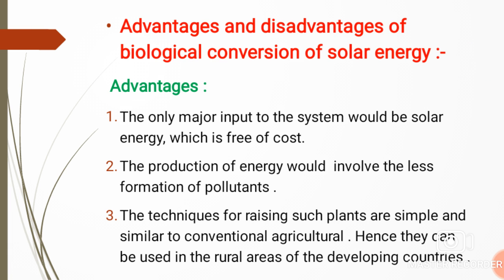So with the help of solar energy we are able to generate the biomass. So this whole process is free of cost, and it is a recyclable process. So this is the advantage of biomass energy conversion.